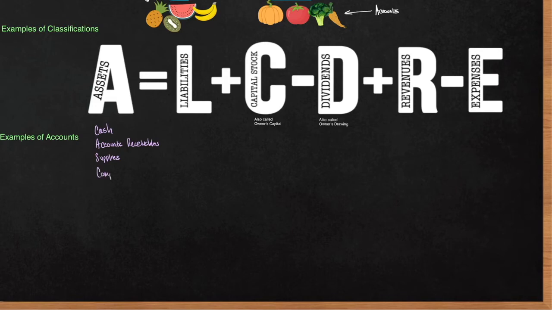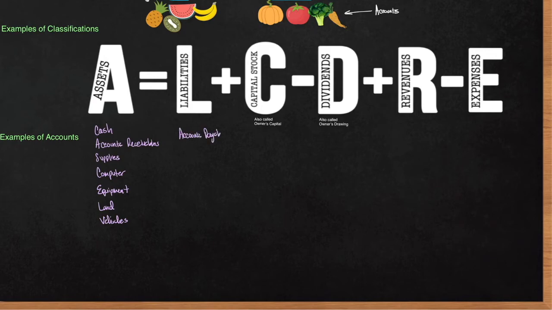We'll get into it some more. Supplies, computer. And remember, these are things that you own. Equipment, land, vehicles that the business may own. So all these are examples of assets, and these are referred to as accounts. And what are they classified as?